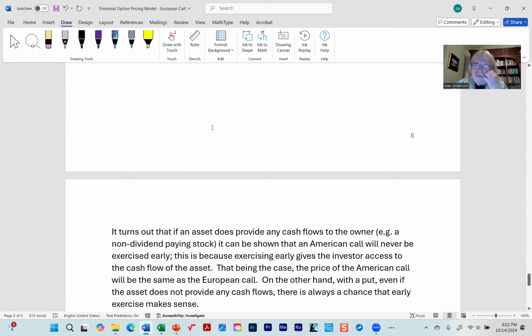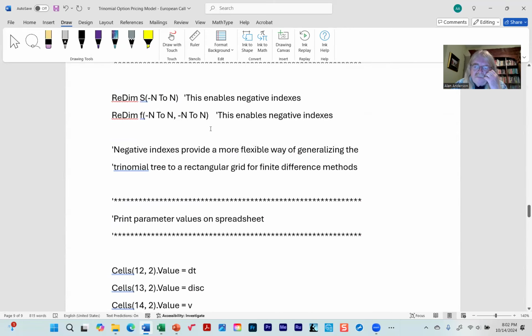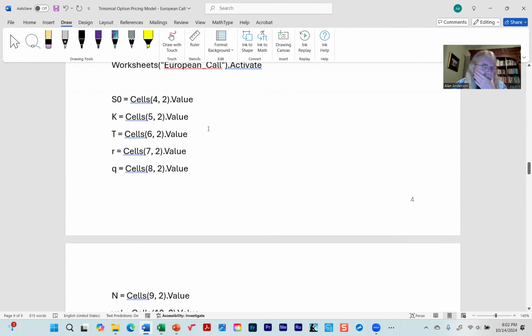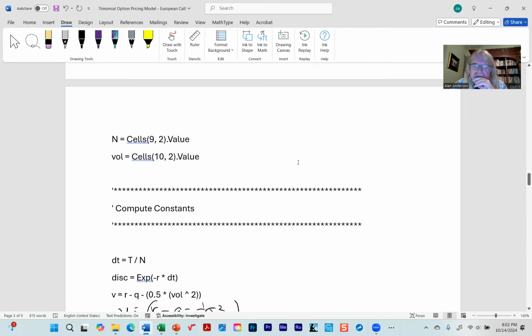So if you took these programs and ran a bunch of simulations with them, you would never find a tree, no matter how many steps you have, where you're going to find a node where it makes sense to exercise the option if there's no underlying cash flow and if it's a call. Anyway, I thought I'd mention that here.